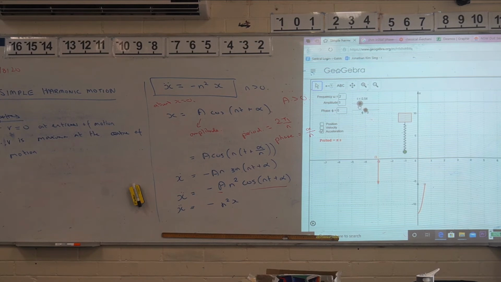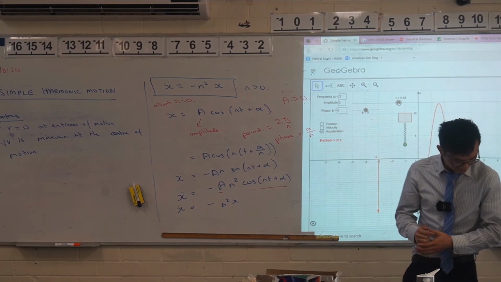So what happens at its max acceleration? Have a look. Oh, sorry, zero acceleration is at the center of motion, yeah, and then its maximum would be at the extremities. Yep, cool.